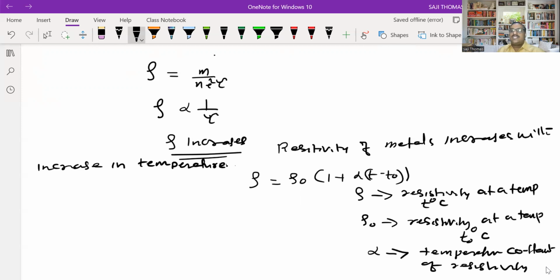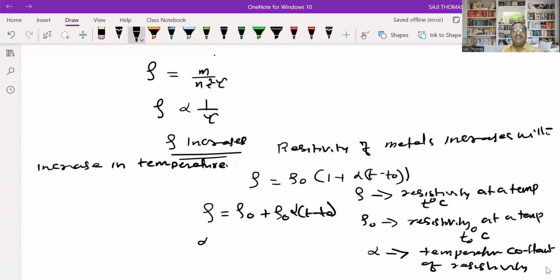So here also, as temperature increases, resistivity increases. We can write the equation for temperature coefficient of resistivity. Rearrange this equation: rho equals rho 0 plus rho 0 alpha into T minus T0.